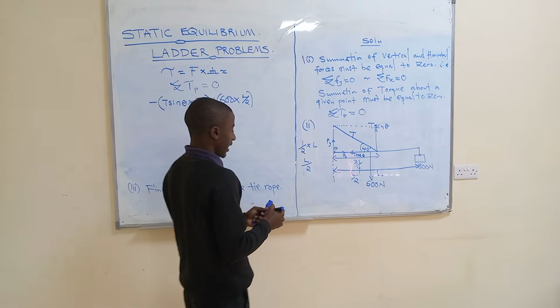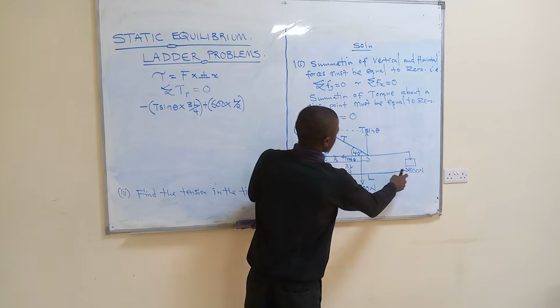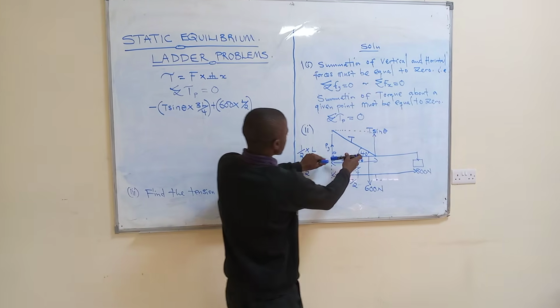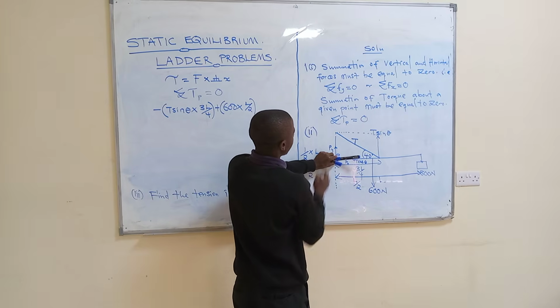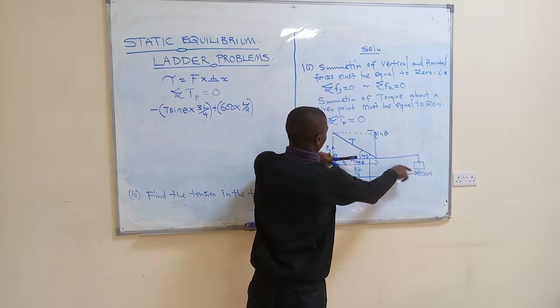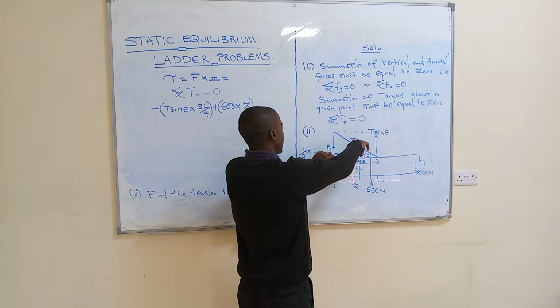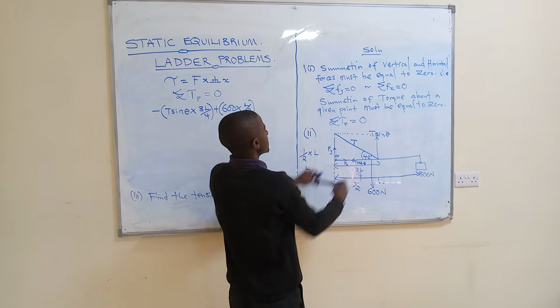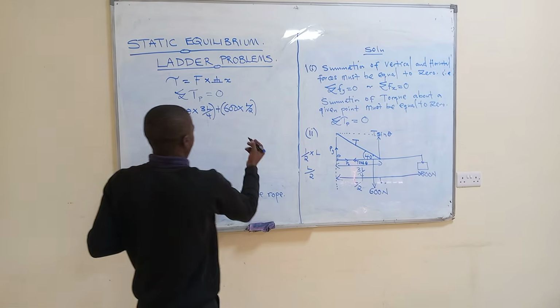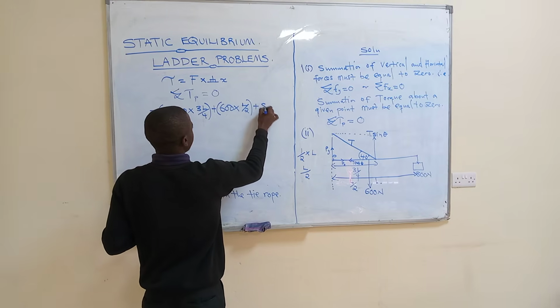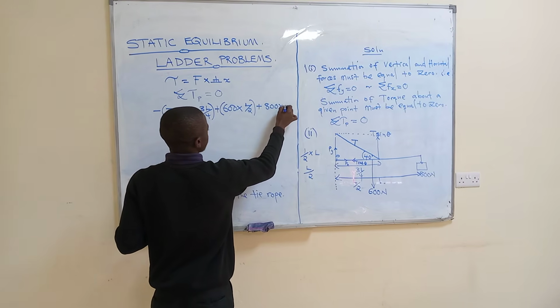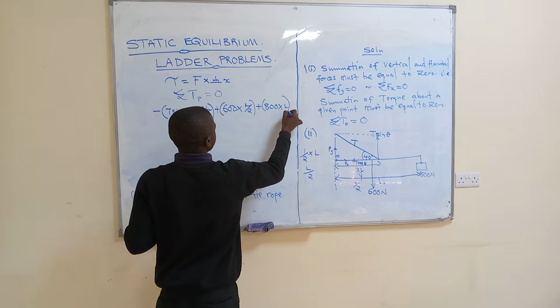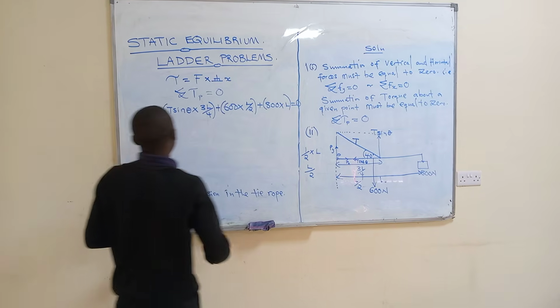Apart from that, the last force, which is what? 800. If I put a marker on my pivot point and then I apply 800 downward, this one is going to rotate clockwise. So I have to add a positive sign. 800 times L is equal to 0.